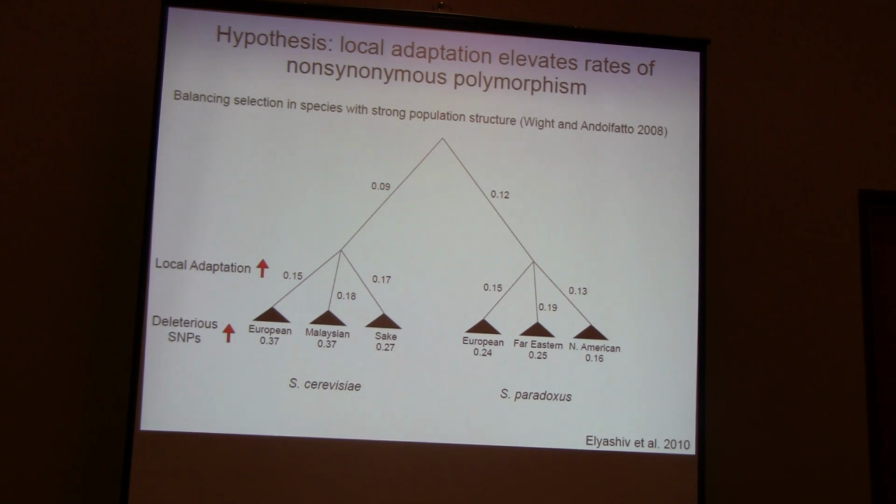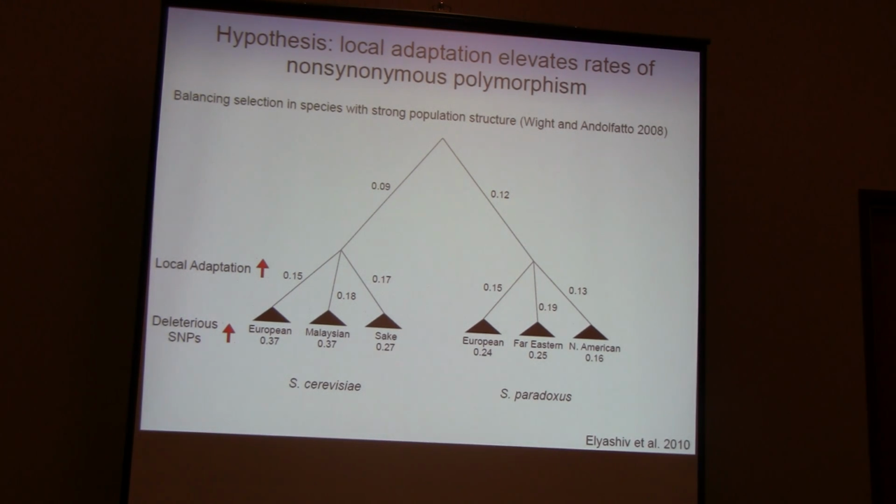Local adaptation is just one form of balancing selection, and Wright and Andolfato pointed out that this could be something that was going on particularly in species with strong population structure, such as Saccharomyces cerevisiae and also Arabidopsis.